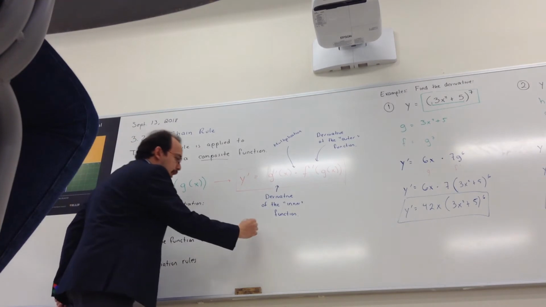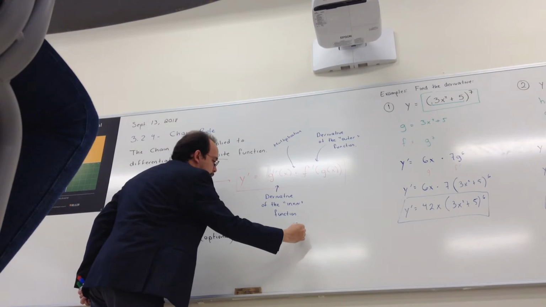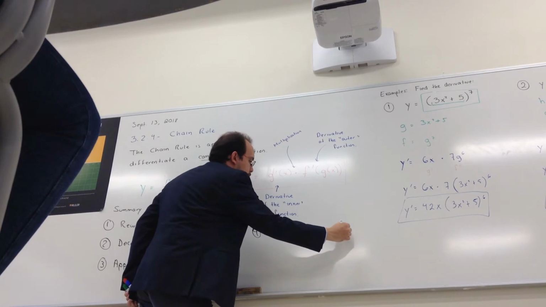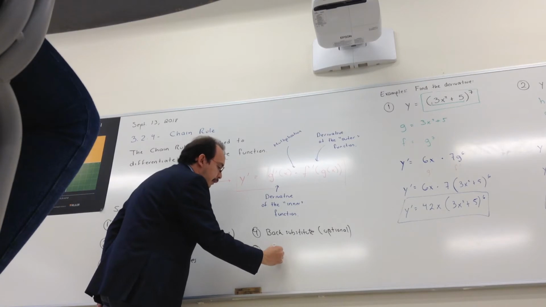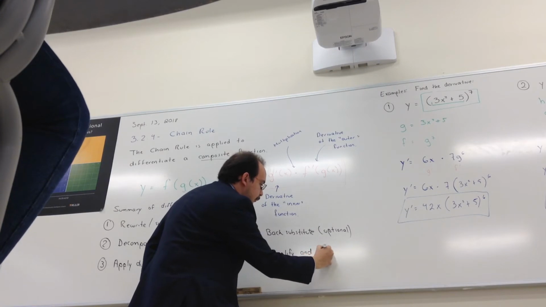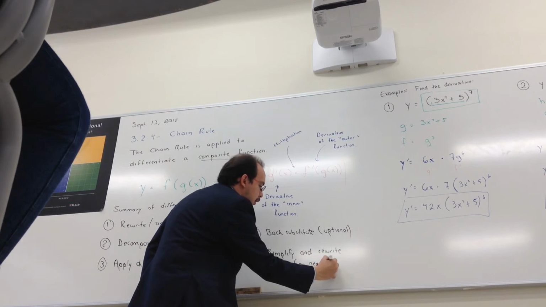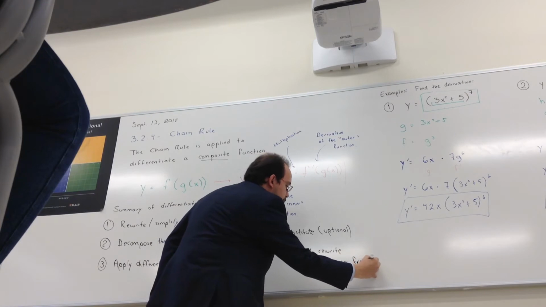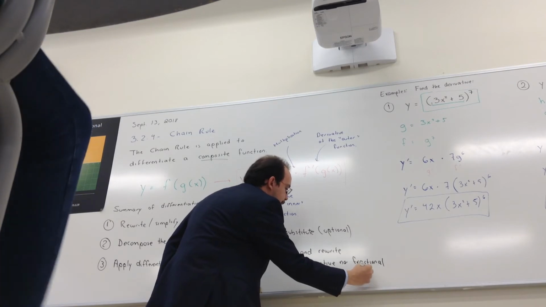After that, then we back substitute. And number 5 will be to simplify and rewrite. That is non-negative, non-fractional exponents. Okay?